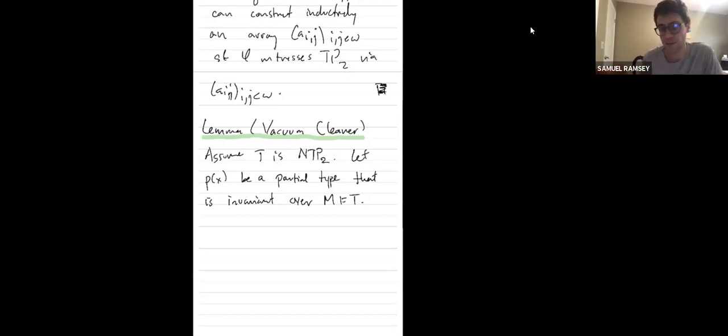Another way of seeing this is that if I take any automorphism of the monster model which fixes M, and I take a realization of my type, then the image under this automorphism should also be a realization of the type. That for me is maybe the most concrete way of seeing it. Take any realization of the type inside the monster model, take any automorphism which fixes M pointwise, then that automorphism will take a realization of the type to another realization of the type. So there's no way of leaving the type by applying an automorphism over M. That for us is what invariance will mean.